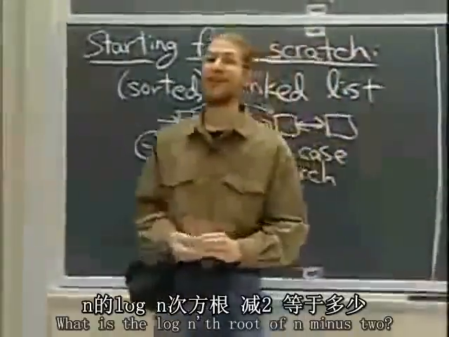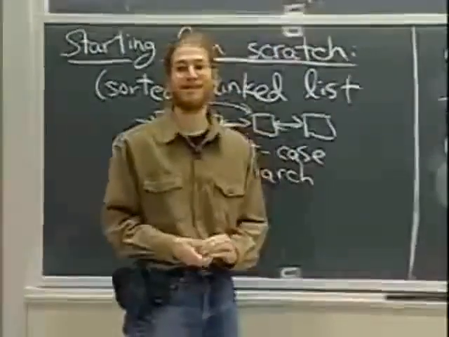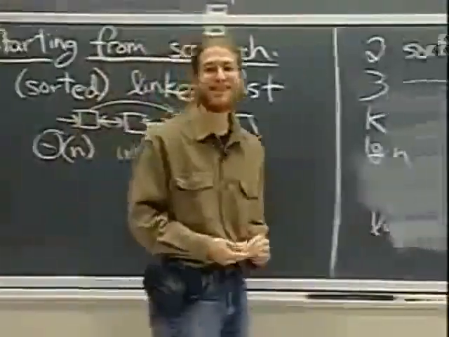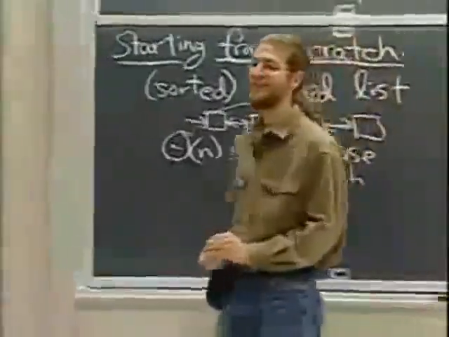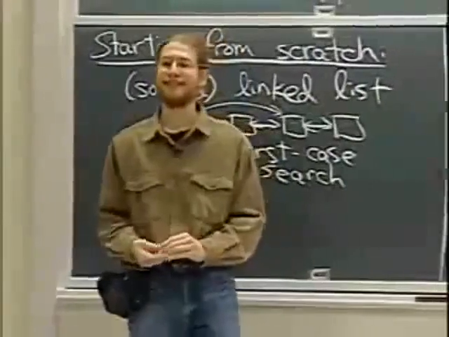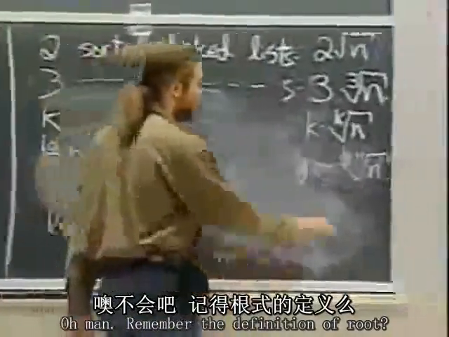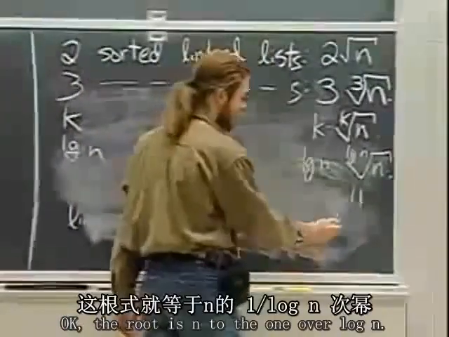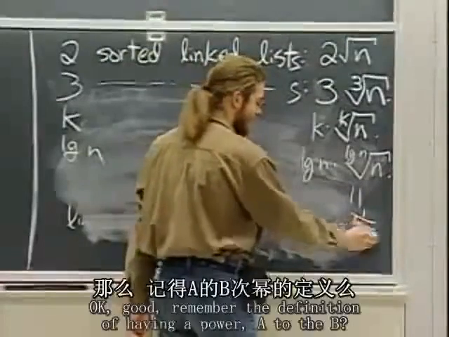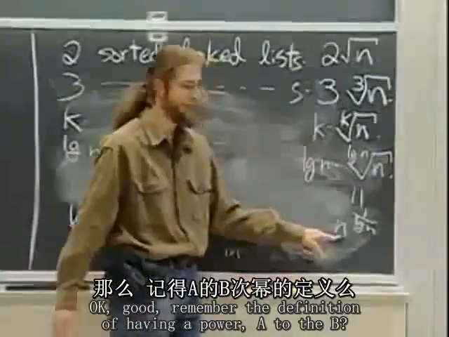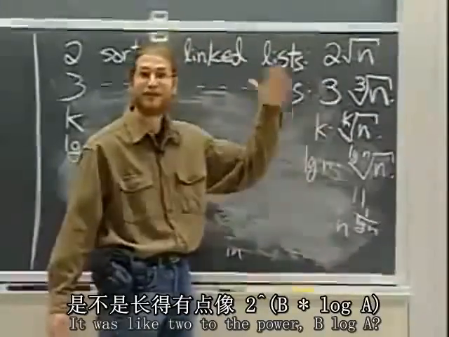What is the log nth root of n minus 2? It's one of these good questions whose answer is... Oh, man. Remember the definition of a root? The root is n to the 1 over log n. Remember the definition of having a power? a to the b is like 2 to the power b log a.